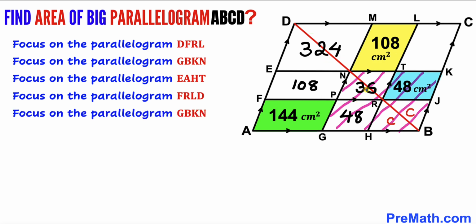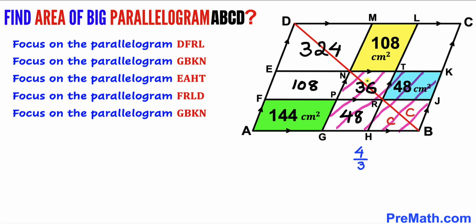And now let's focus on this next parallelogram GBKN. And now let's focus on these two parallelograms. And now we can see their ratio of the area is going to be 48 divided by 36. And if we reduce that, we can get 4 divided by 3, isn't it?